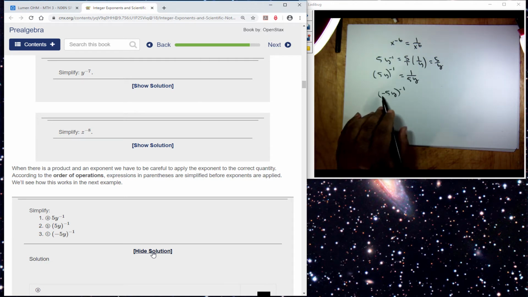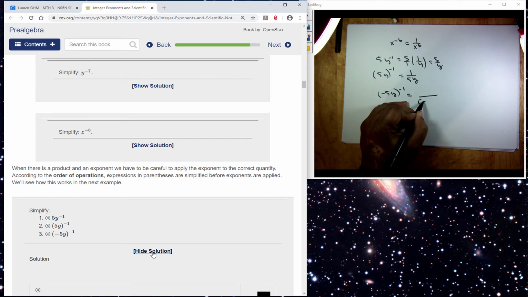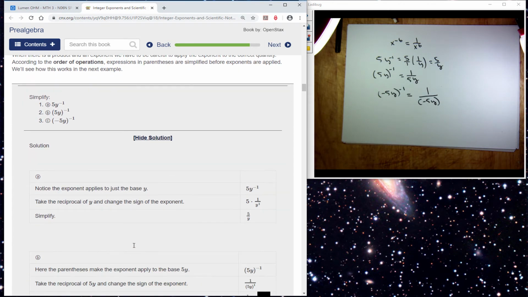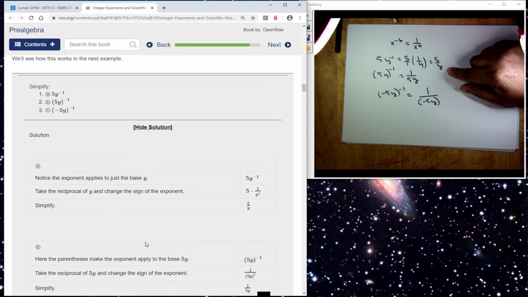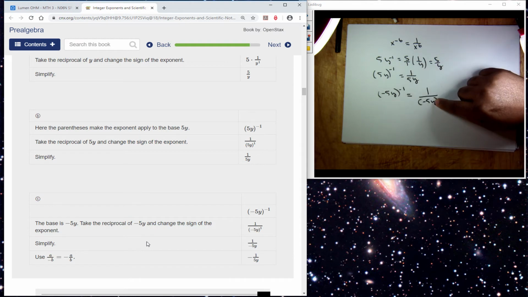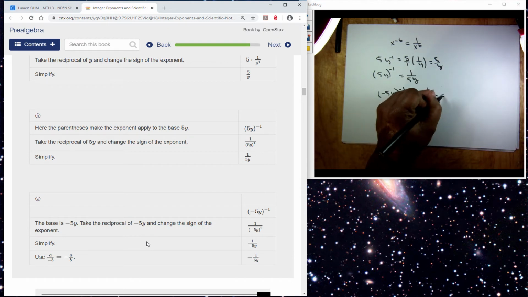We can't multiply anything in here, so this all belongs in the bottom: negative 5y to the first power. So we see we have 5y here, we have 1 over 5y here, and we have a negative over here, and they rewrote it and brought the negative to the side and said 1 over 5y.